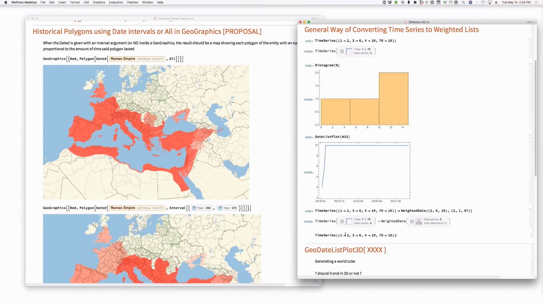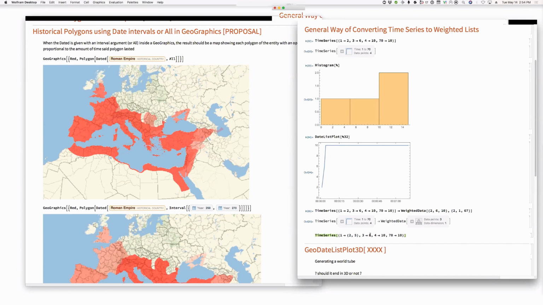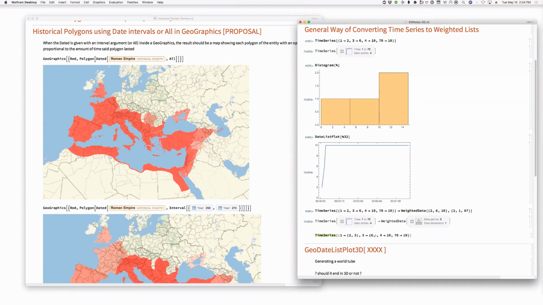I don't know, but I think it particularly applies to time series. So if I say 2, 5, 6, 4, whatever, then as a function of this value, I want to know the distribution of this value.